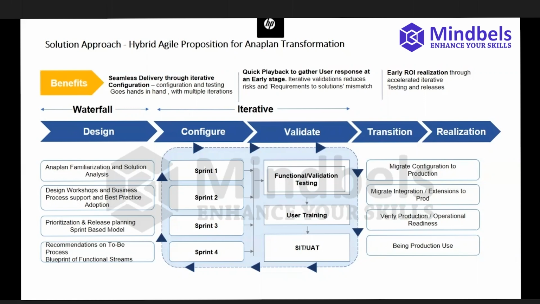Now, in SIT, the system integration testing, if a system is integrated with any other legacy system, the user will check. Here, user in the sense the stakeholder. The stakeholder will check whether the proper information is flowing from the legacy system to the Anaplan system. The end user will have their transactional database, that is the SAP ecosystem.